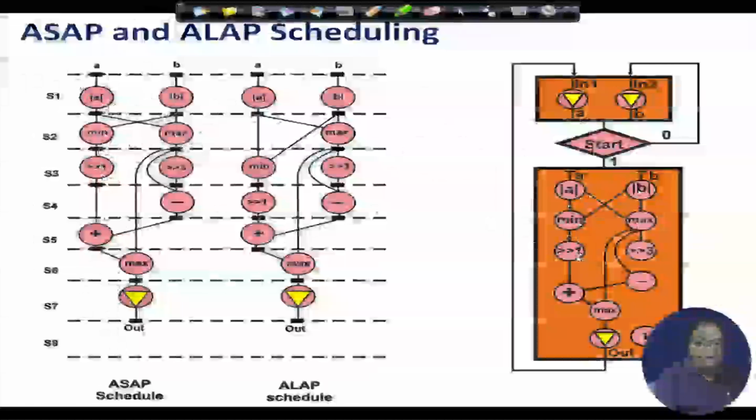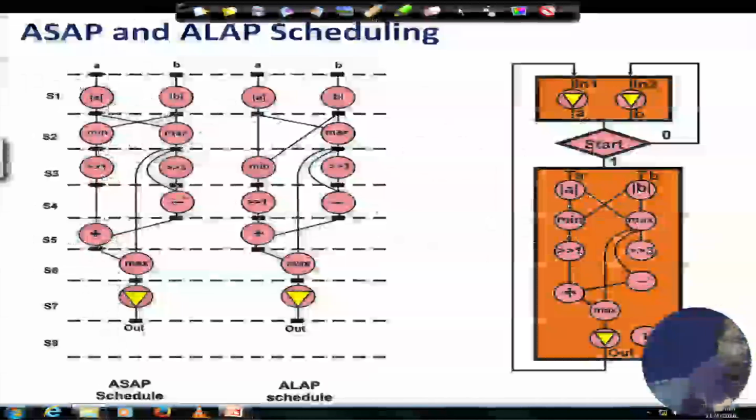But you see, the output of this shifting is required by this plus, which is rather delayed. So, the plus cannot be scheduled before this, because it is consuming data from here, and this shifting will feed data to this.